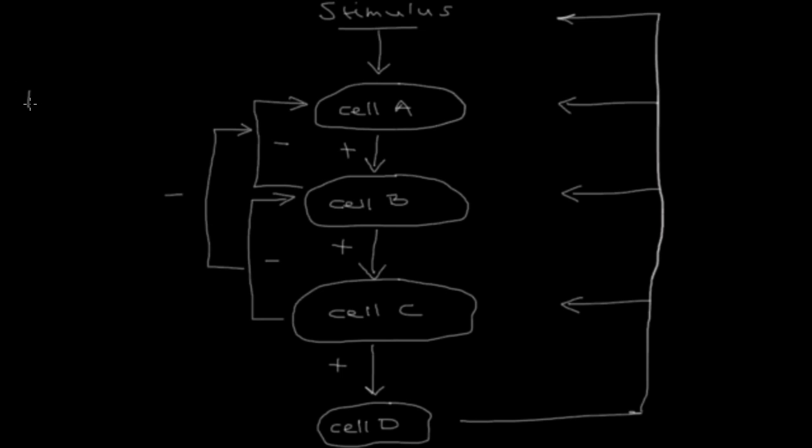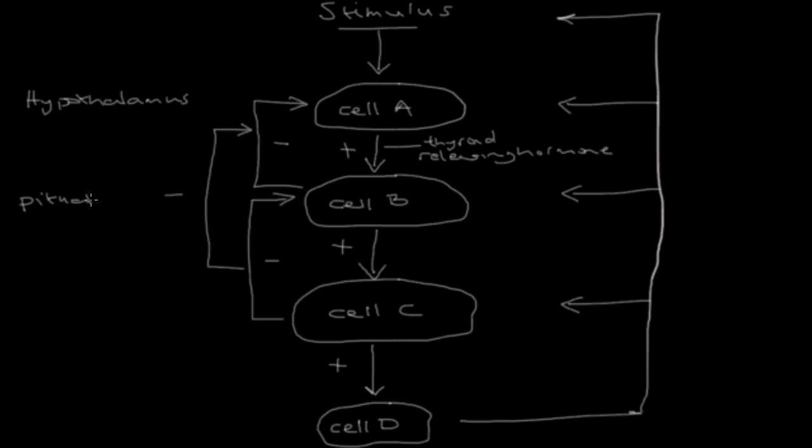And this thyroid releasing hormone then acts on cell B, which in this case is going to be the pituitary gland.